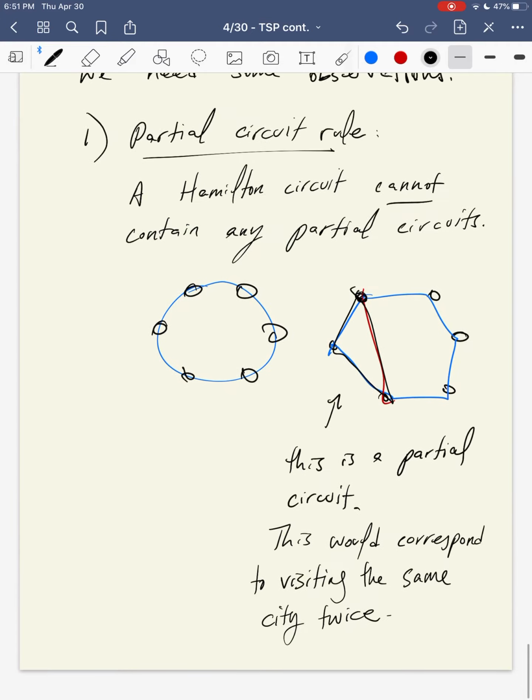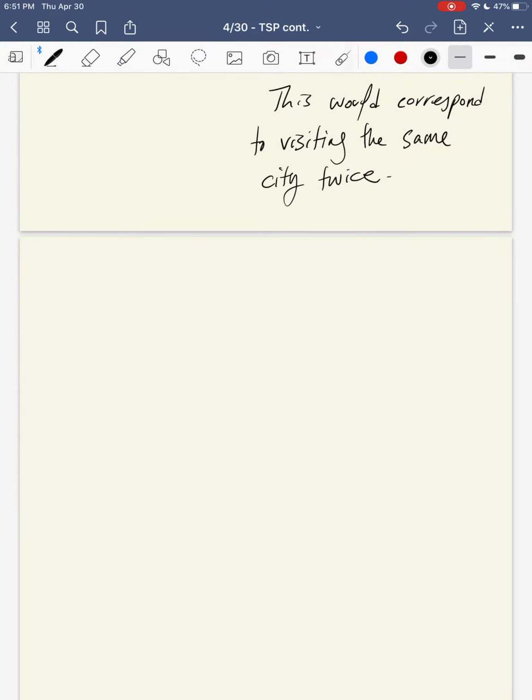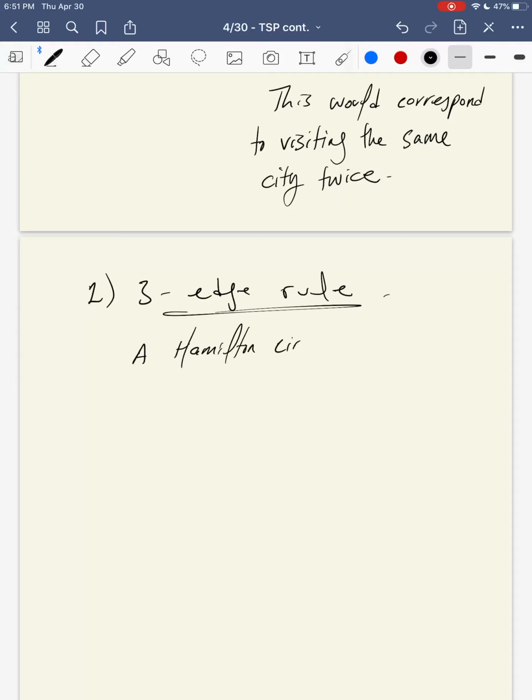Okay. And the second rule is the 3-edge rule, which again is pretty similar. It says that a Hamilton circuit cannot have 3 edges coming from a vertex.